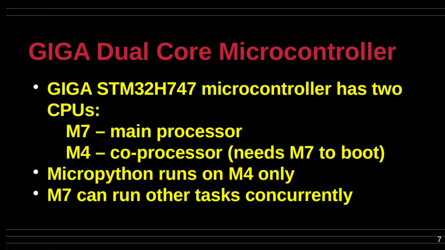One doesn't need to choose which CPU to run MicroPython on the GIGA R1 WiFi. MicroPython seamlessly leverages the M4 core while leaving the M7 core free for one's custom C++ code, offering the best of both worlds for versatile and powerful projects.